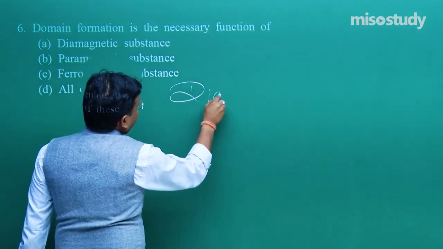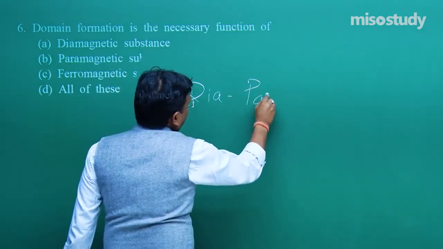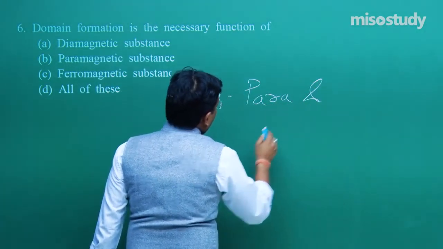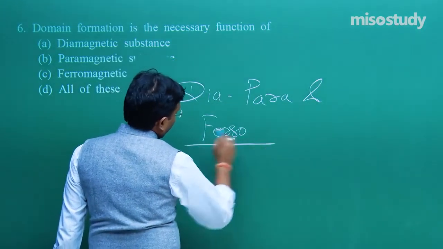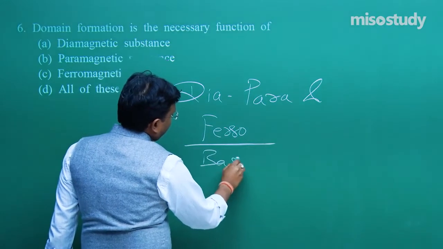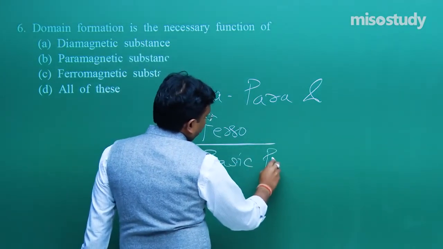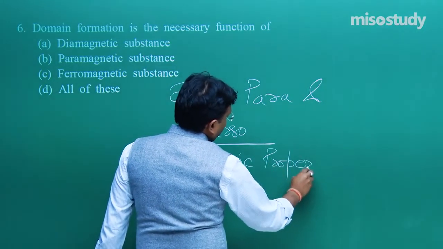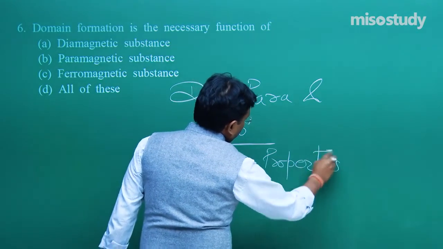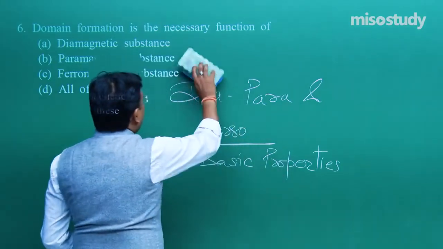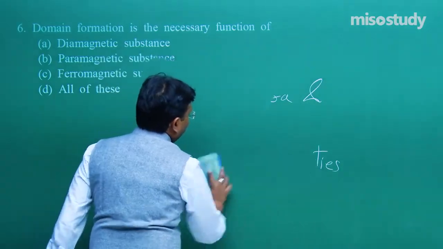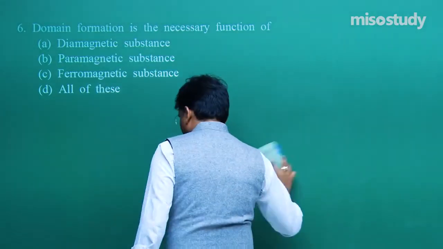Dia, para and ferro. Basic properties. Important. So give them a revision. It will hardly take 20 minutes, not more than that.